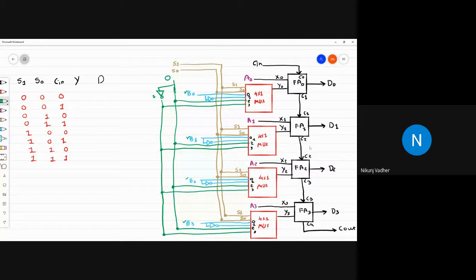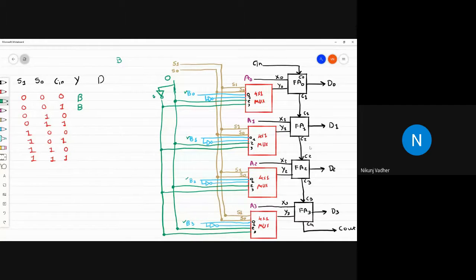If we combine all this, then we can say that it is register B. So whenever the selection input to this multiplexer is 0 0, B will be selected and B will be given as an input to the full adder. So in these first two cases, the value of Y will be B.